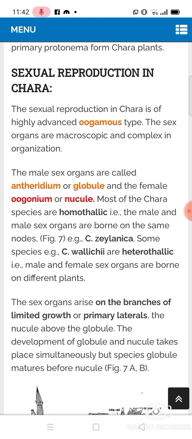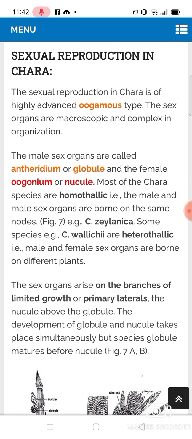You already know what is oogamous type of reproduction, in which there are male and female sex organs present, and they fuse together and make zygote, and after the formation of the zygote, further development occurs, embryo is formed, and after successive cell division, a new plant or the new algae is formed.